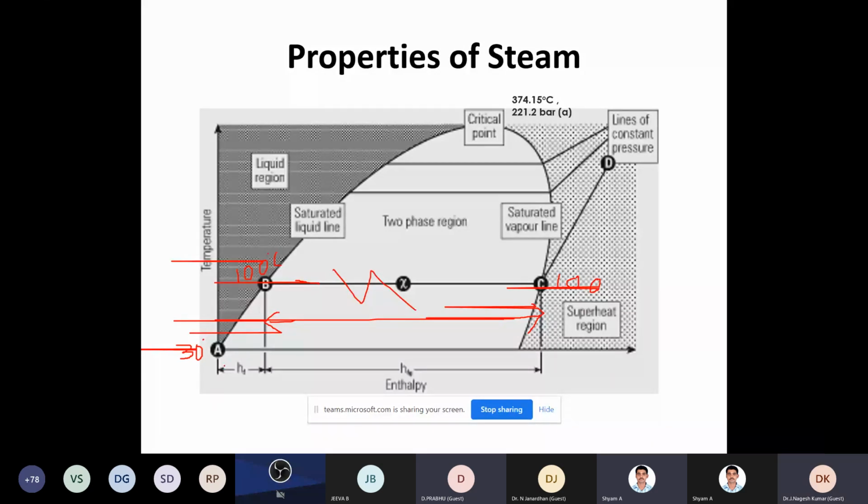And the heat that was added from 30 degrees to 100 degrees, how much heat was added? That is called the sensible heat. So this is sensible heat and this is the latent heat part. So as you can see, latent heat is almost 4 times the sensible heat. So what is the significance of latent heat?